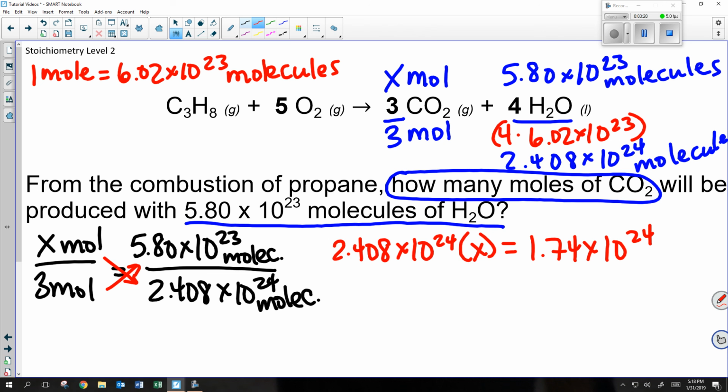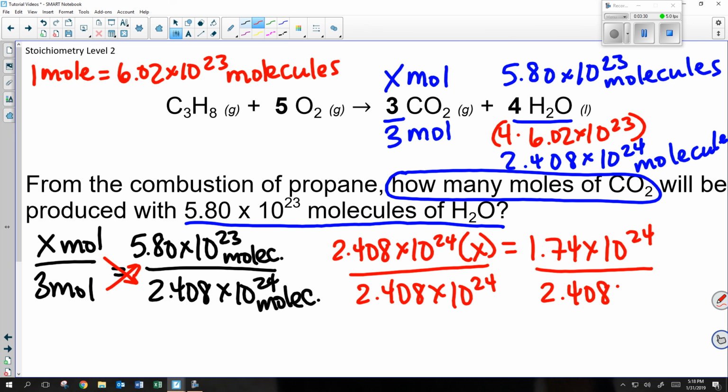To solve for X, I divide both sides by 2.408 times 10 to the 24. That comes out to be X equals 0.72259.